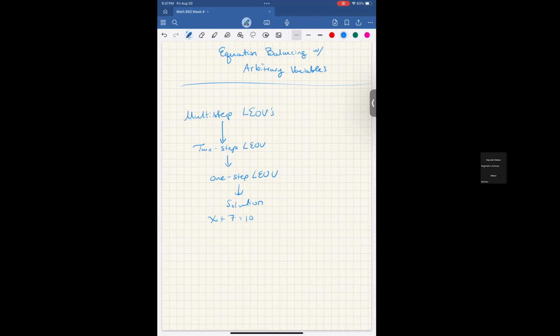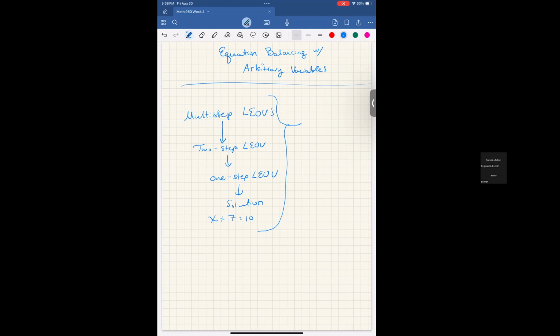What if I told you that if you mastered this process of reducing equations from multi-step LEOV to a two-step to a one-step and finally obtaining a solution, if you truly were able to master utilizing the multiplicative and additive inverse laws, the identity laws, et cetera, then basically you have what it takes to solve a formula that has a bunch of different variables. In fact, not just a bunch of different variables, an arbitrary amount of variables.